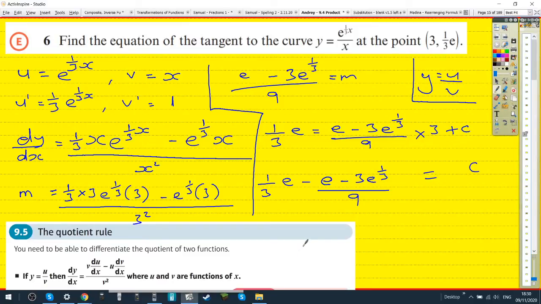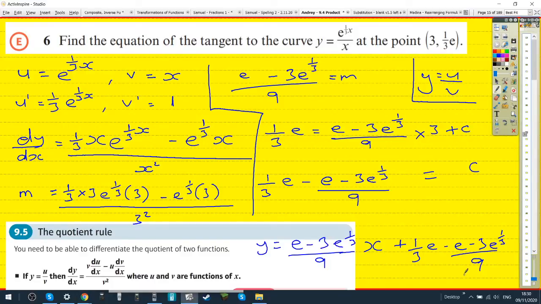So what's the equation of the line? y equals e minus 3 to the third over 9 x plus a third e minus 3 to the third over 9. They didn't ask us to do anything more. We could multiply everything by 9, and maybe there's stuff that can be simplified.